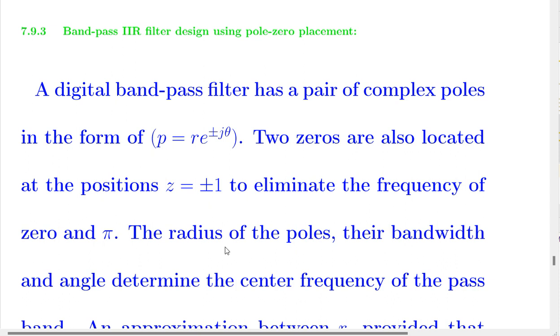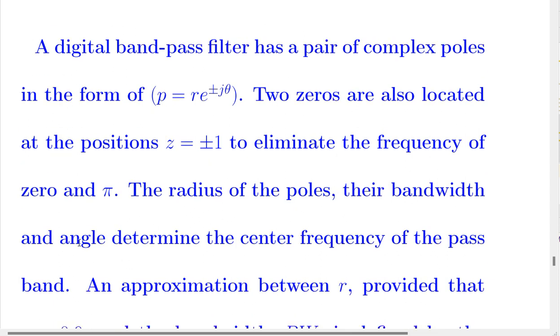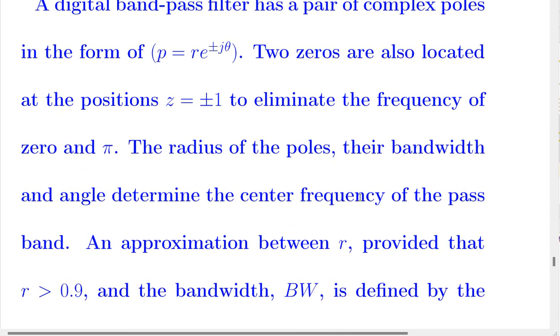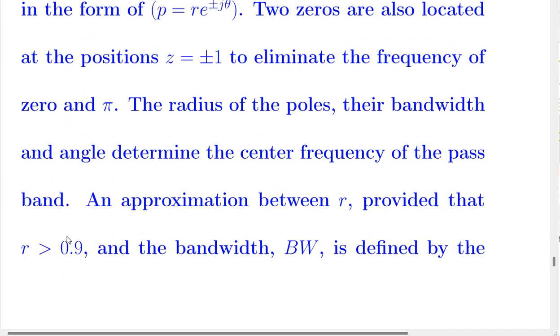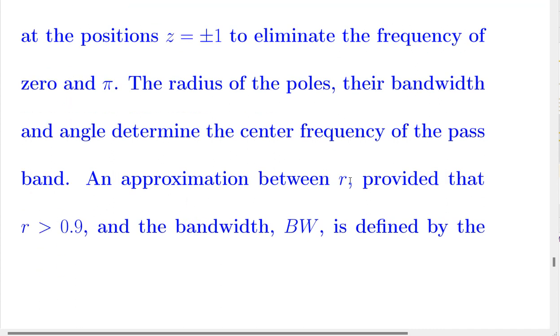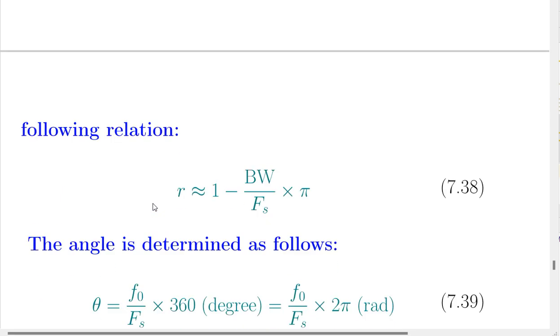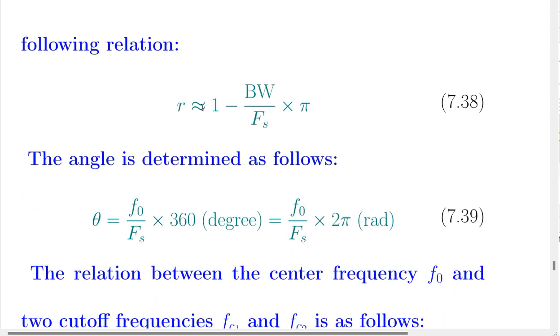That's it. The radius of the poles and their angle determine the bandwidth and the center frequency of the passband. An approximation for R, provided that R should be greater than 0.9, and the bandwidth denoted by BW is defined by the following relation: R is approximately equal to 1 minus BW over Fs times pi.